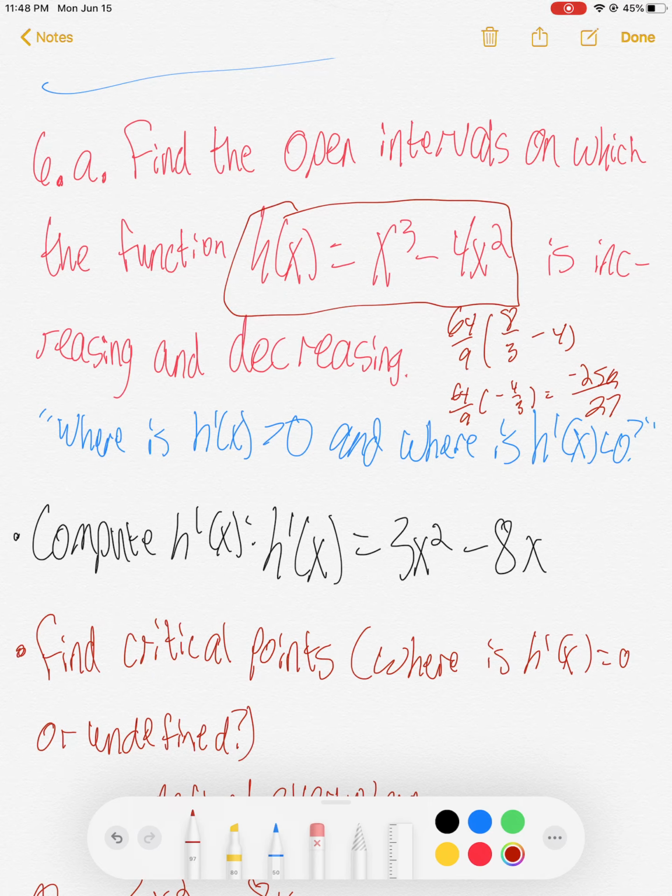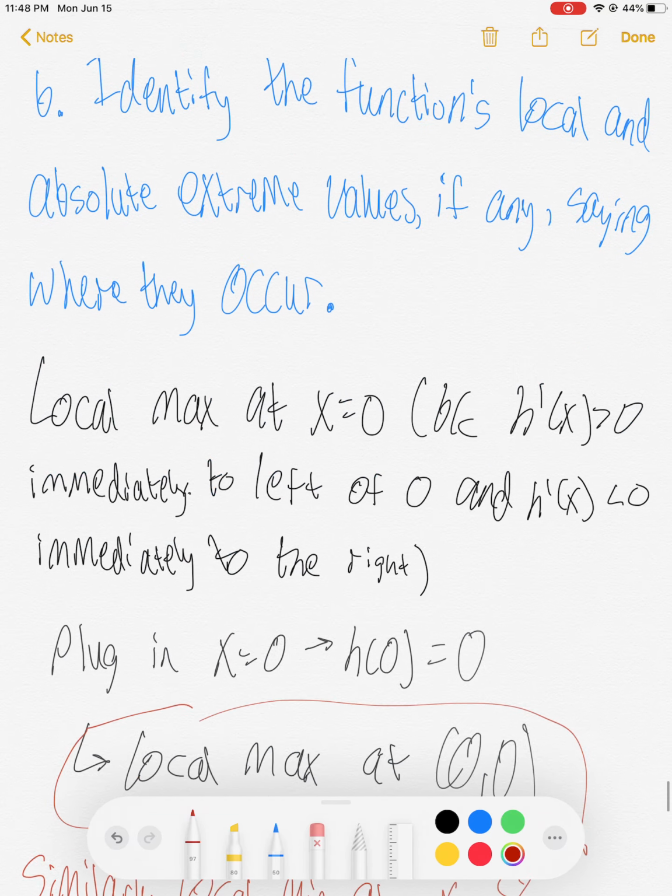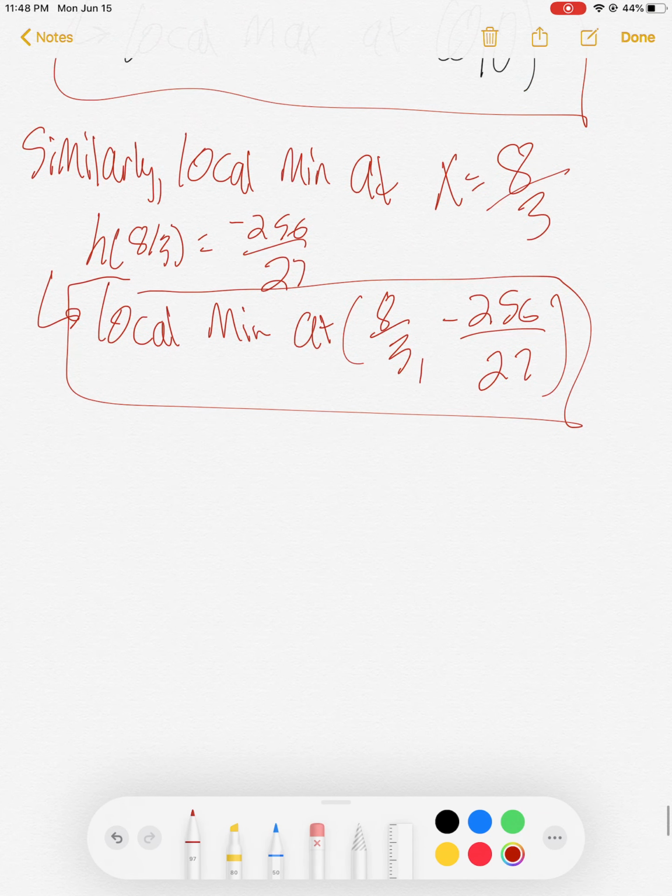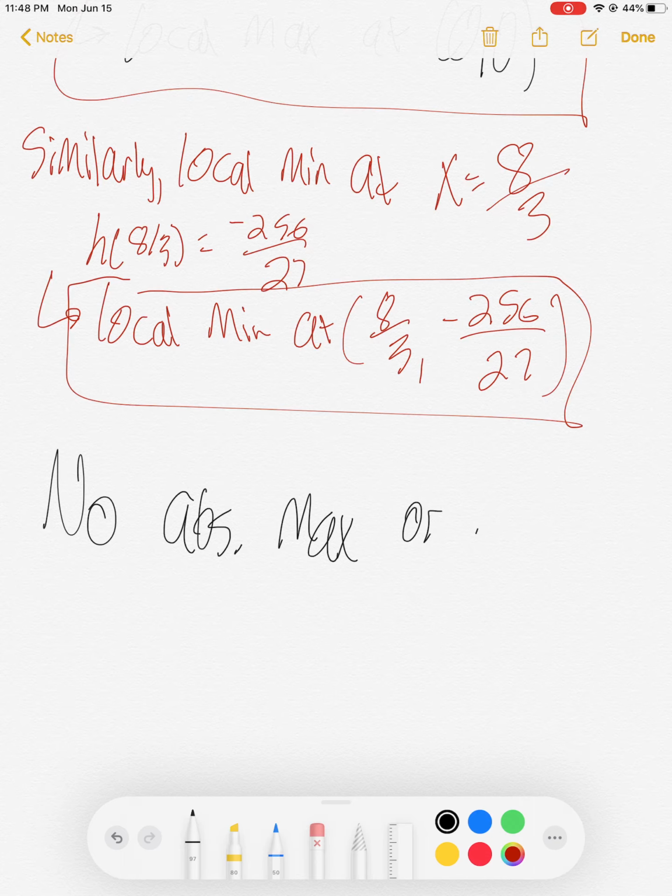Now, what about absolute maxes and mins? Well, if I look at my function, so my function is h of x equals x cubed minus 4x squared. Well, I can see that as x goes to negative infinity, this thing is going to shoot off to negative infinity because the x cubed is going to dominate the x squared.